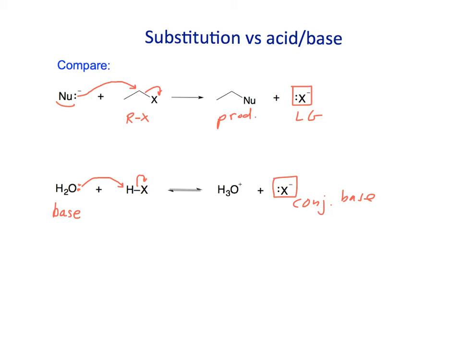So what do we know about what it takes to have a strong acid? What did we look for in determining whether something would be a strong acid? In fact, what we looked for was that it would have a weak, stable conjugate base.